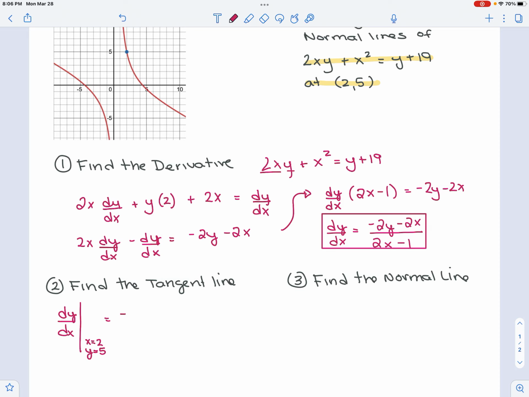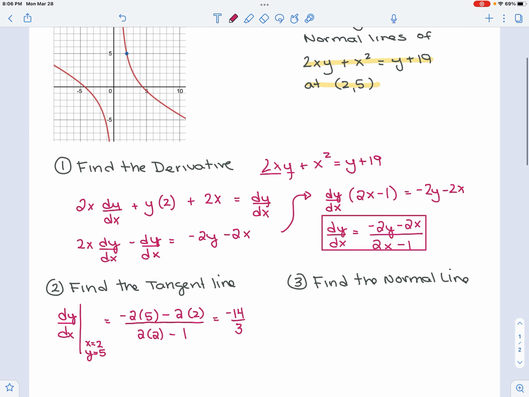And so you get minus 2 times 5 minus 2 times 2 all over 2 times 2 minus 1. So this equals, what is that, minus 14 over 3. So not nice numbers, but so be it.